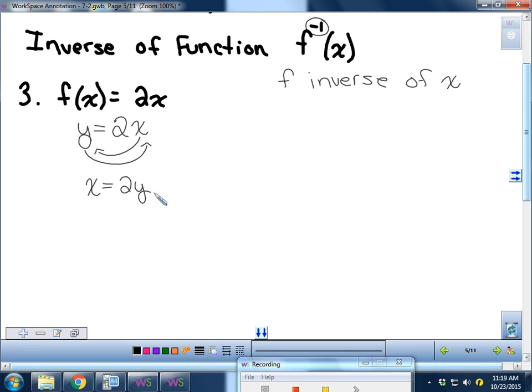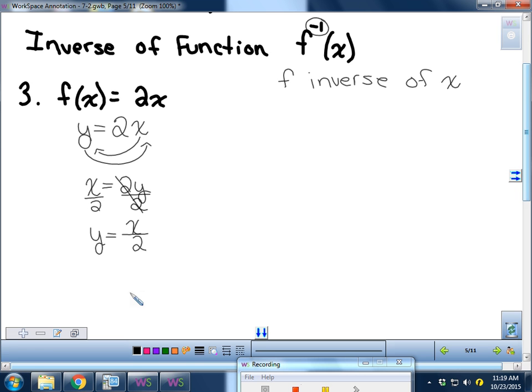So guess what we're going to do now? We are going to solve for y. I have 2 times y, so I would divide by 2, just isolating the variable here. My 2's are going to cancel. And if we're solving for y, we always want that on the left. So this would be y equals x over 2. y is by itself, so that means we're done with our problem.